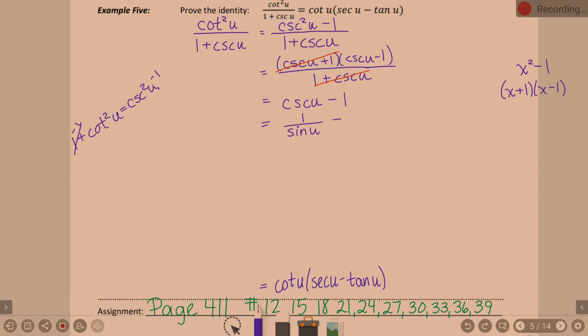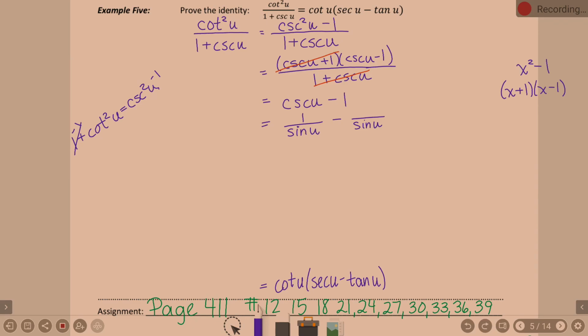We already have a denominator of sine, so a common denominator would be sine, correct? What is 1 with a denominator of sine? It's just sine u over sine u.